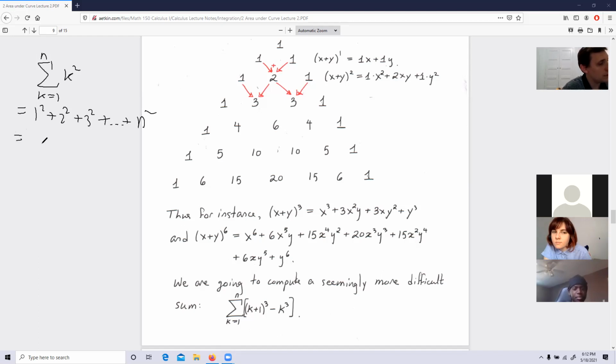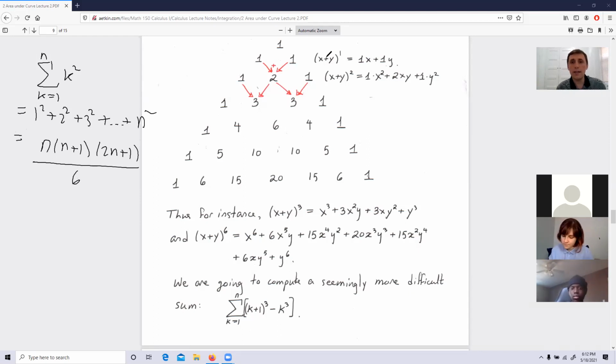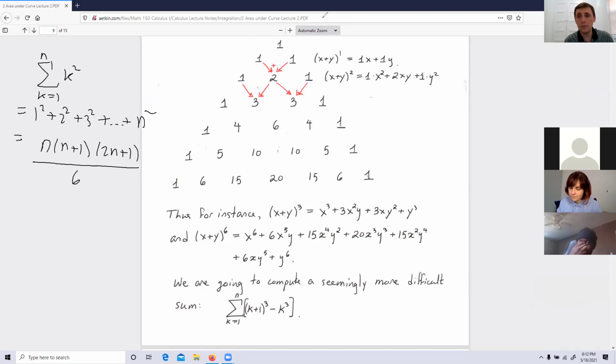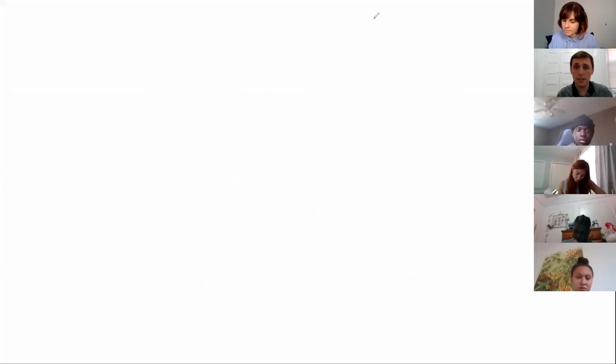This happens to be the same as n plus 1 times 2n plus 1 divided by 6. Yes? Now, why is that the situation? I don't like to waste my time on it, but let's see if you remember one idea by which you can easily establish this formula.